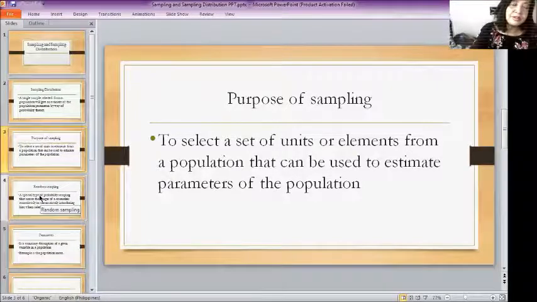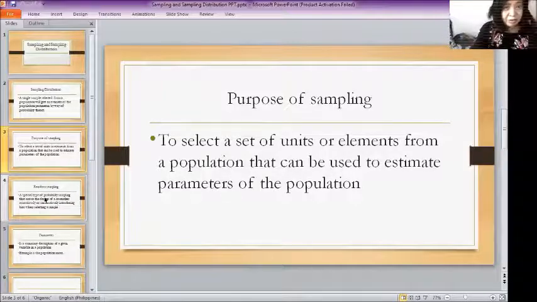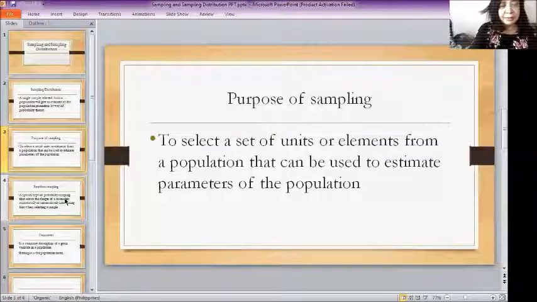Actually, there are generally two types of sampling. One is the probability, and the other one is the non-probability. It will be on a separate discussion, but just to review, probability sampling means that every element or every member of the population is given an equal chance of being included in the sample.